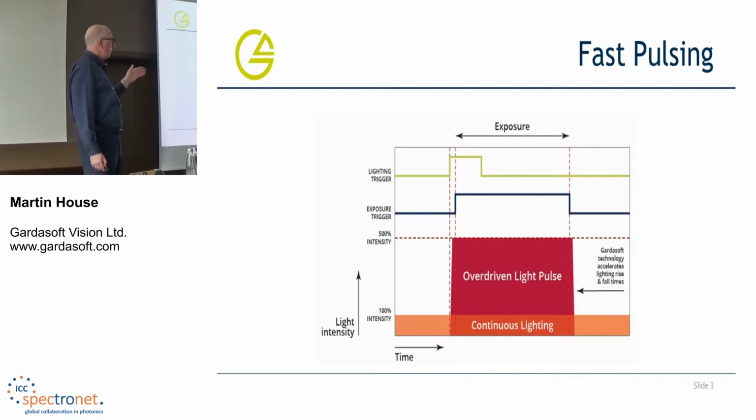But now we start to get into things which become more important the faster we want to pulse the light. What becomes important here is the actual rise time and the fall time. When I say rise time, I'm meaning what's happening on this edge here, and likewise on the far edge. If you're using a very fast camera shutter, you've got to make sure that your illumination is fully on during the time of your camera exposure.